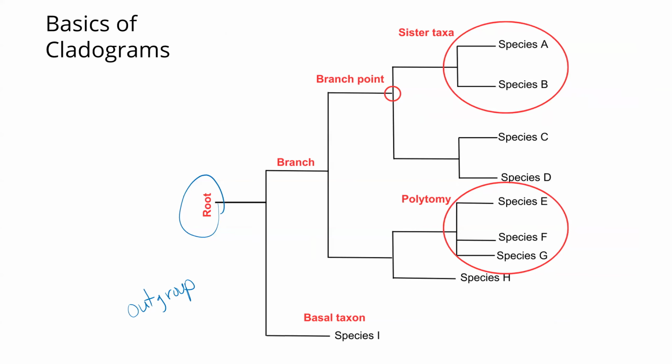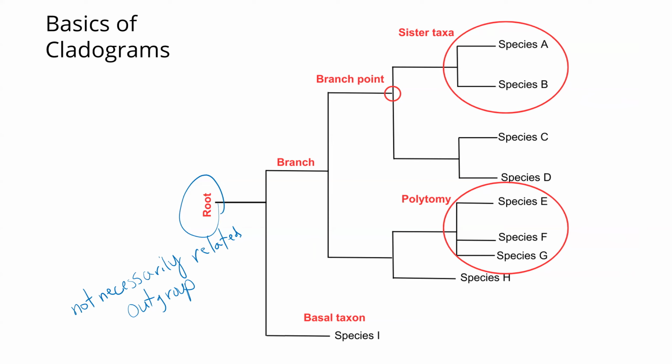So an outgroup roots the tree. It's the most distant, it's got the greatest distance, and it's not necessarily related to the taxa that we're looking at. So it's like the closest ancestor to the group that we're analyzing.